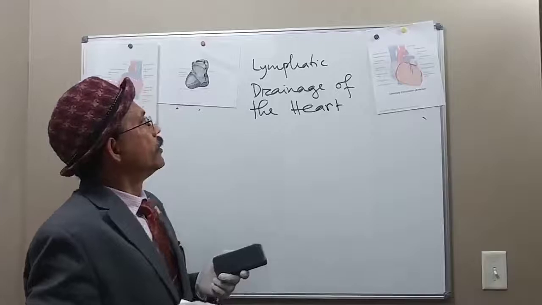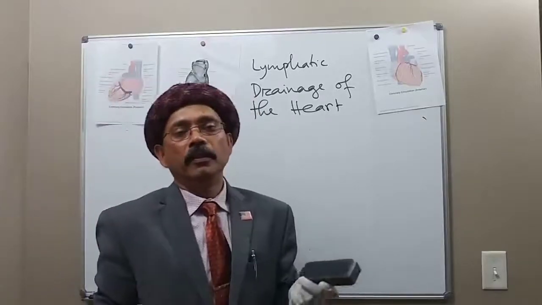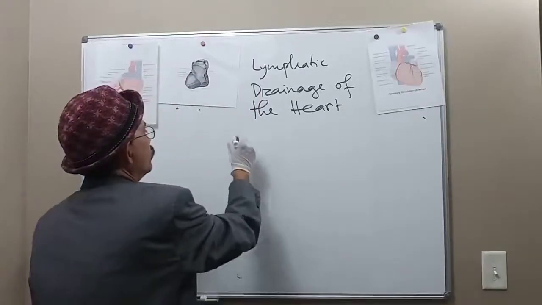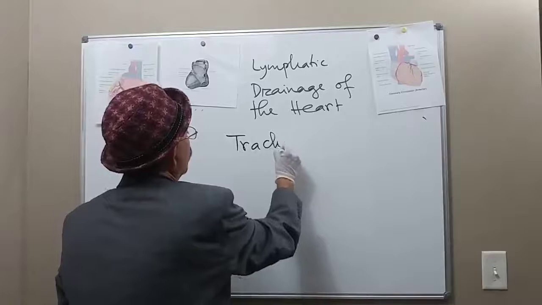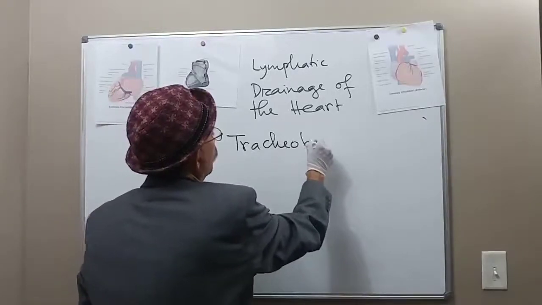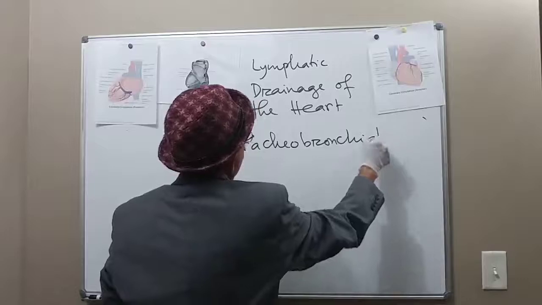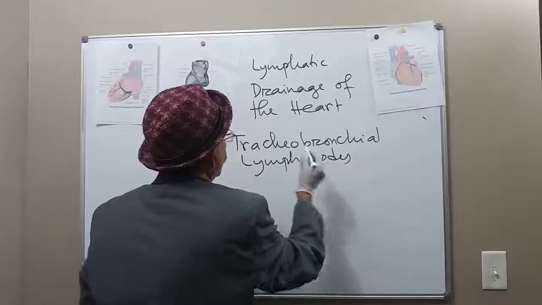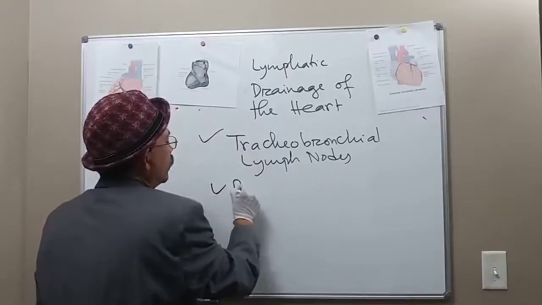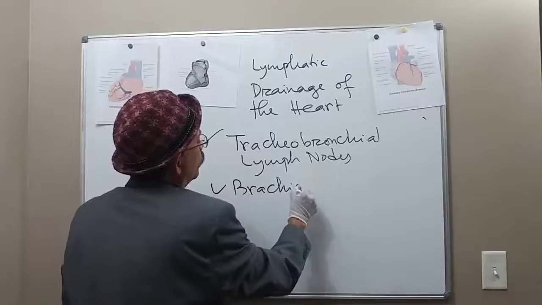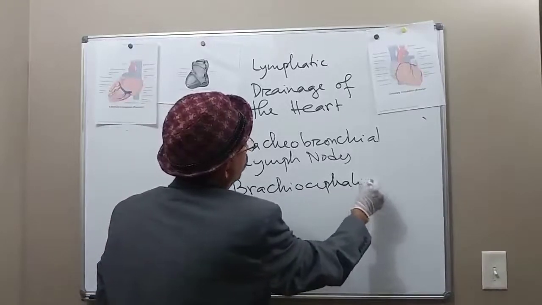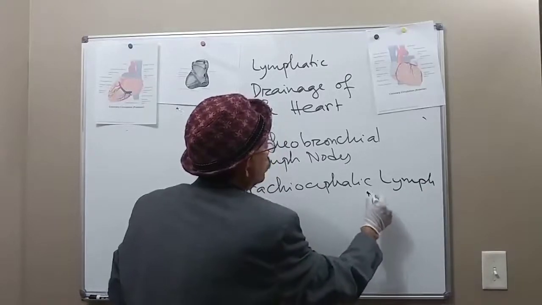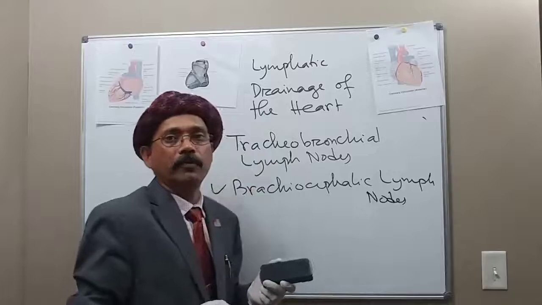The lymphatics follow the blood vessels and go to the tracheobronchial lymph nodes. They may also go to the brachiocephalic lymph nodes. Okay, so they follow the blood vessels.